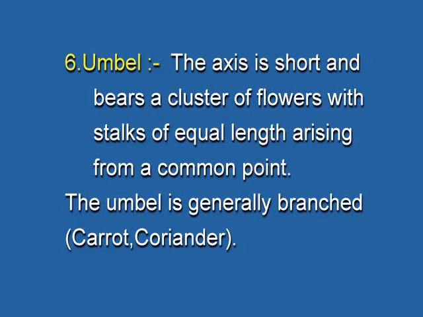Now next is the inflorescence of umbel. What is umbel? In umbel, the axis is short and bears a cluster of flowers, or we will say it produces a bunch of flowers with stalks of equal length arising from a common point.